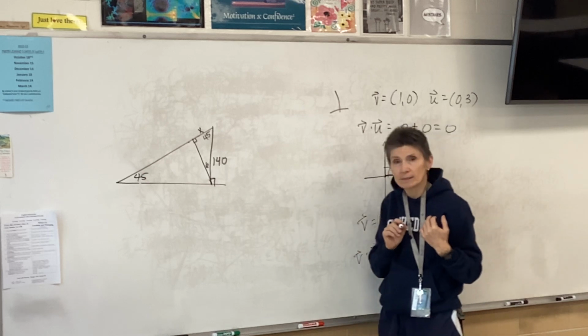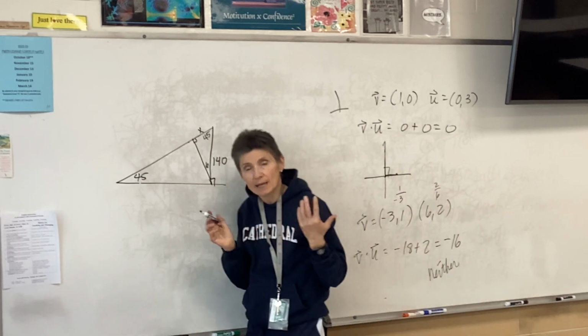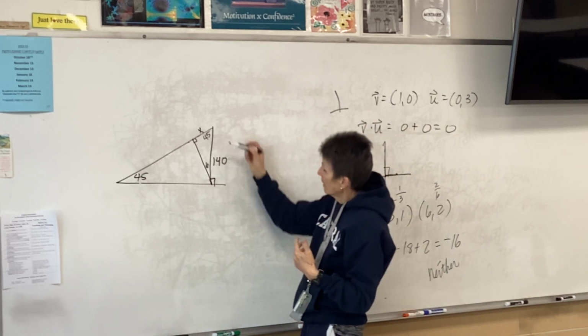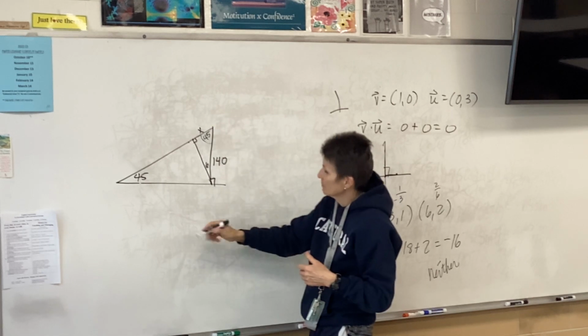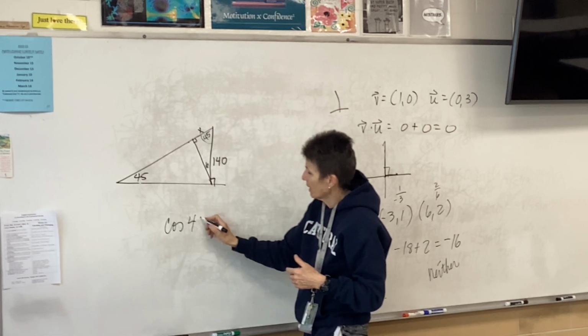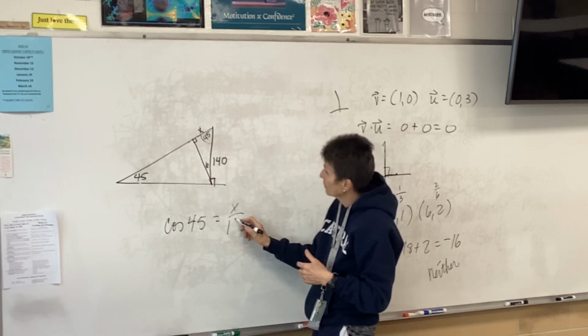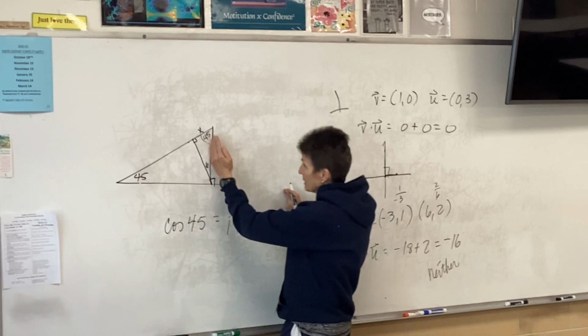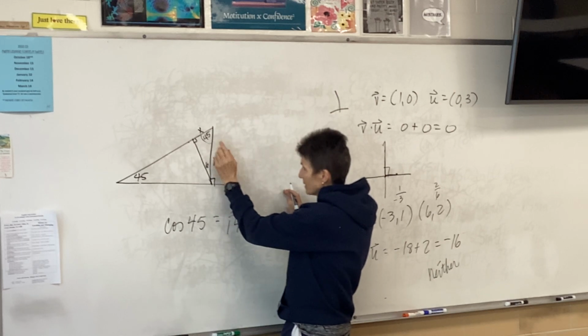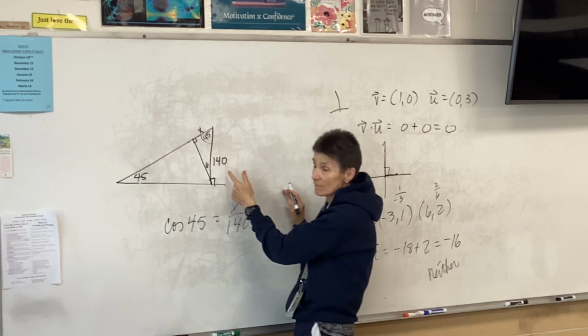Well, simple right triangle trigonometry, right? I mean, yeah, we can do that. If I use this angle right here, I can say the cosine of 45 has to equal adjacent over hypotenuse. Keep in mind I'm looking at the little right triangle, so 140 is the hypotenuse of that triangle.